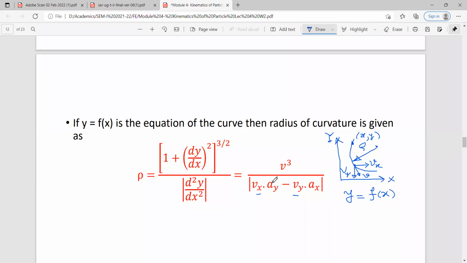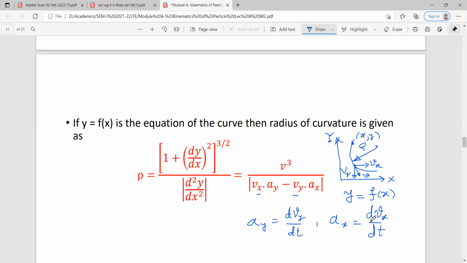So acceleration along the y direction is nothing but the rate of change of velocity along the y direction with respect to time. Similarly, ax can be found as the rate of change of the horizontal or x component of velocity with respect to time.